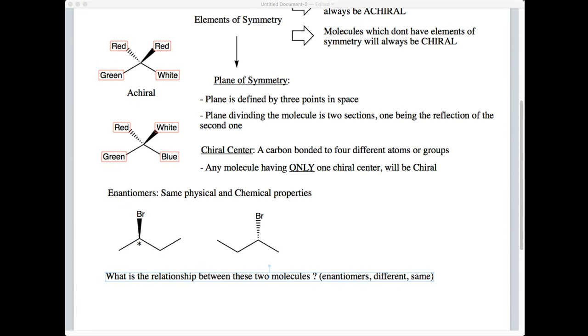So what do you think, guys? Type it in the chat. What's the relationship between these 2 guys? In the meantime, I'm gonna build a molecule here so you can see, because that's gonna help.